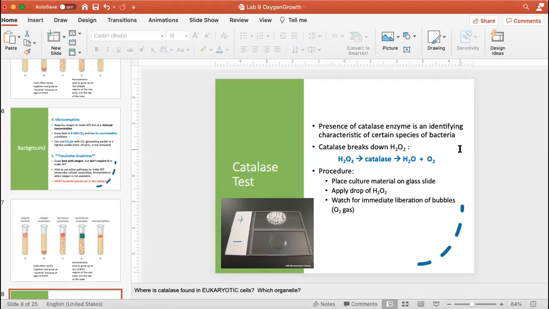Any organism that requires oxygen is always going to have oxygen in their cells. And while that oxygen is helping make ATP, it's also being converted into toxic byproducts. One of the most toxic is hydrogen peroxide.